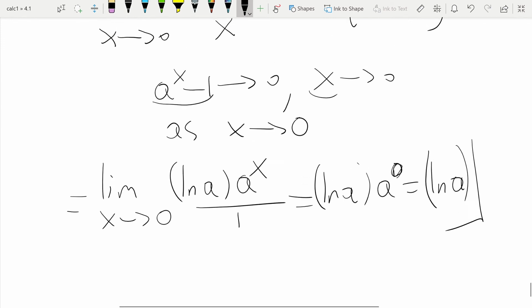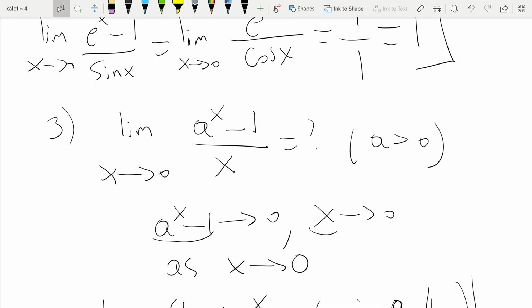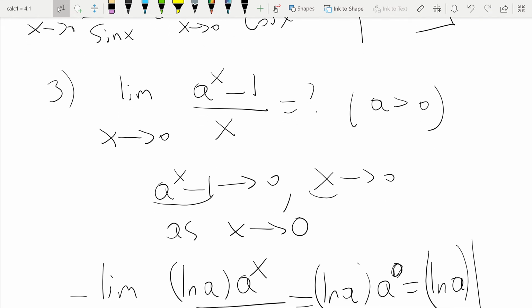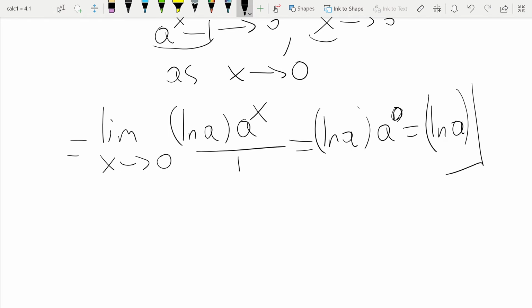Typically, during an exam, you will be asked to compute this limit for a particular value of a, so when a is 3 or 2. So it'll give you something like the limit as x goes to 0 of 2 to the x minus 1 over x, in which case the final answer will be natural log of 2.